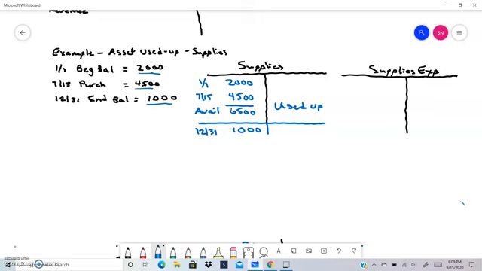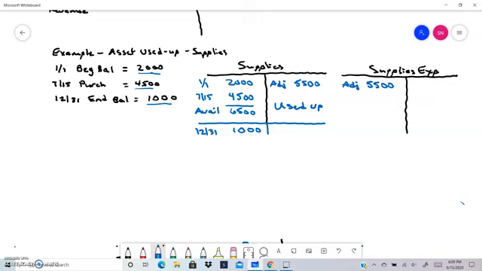So we're going to make an adjustment at 12/31. Our adjusting entry should be a $5,500 credit to supplies and a $5,500 debit to supplies expense.